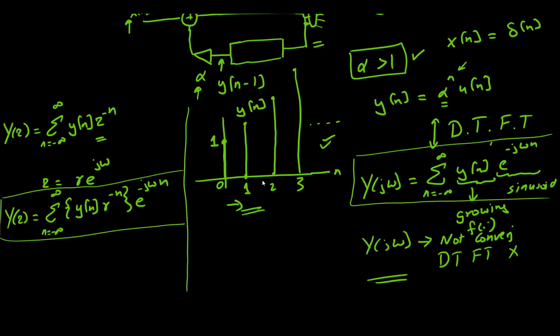The difference is that over here we are multiplying with another signal, which is r raised to power minus n. And we are hoping that this r to the minus n is another signal which is going to pull this signal down, so that if r to the minus n is multiplied with y of n, the cumulative signal is converging. That is, say this r to the minus n with respect to n at time 0 is this signal and it is converging as we move on. So if we multiply this with this, we get an overall converging behavior.